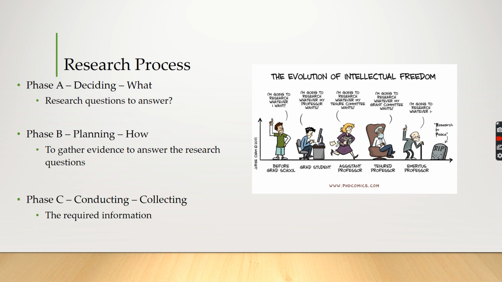Second, phase B is planning, how you want to gather the evidence to answer the research question. And finally, phase C is conducting or collecting your data, your required information, and then of course writing the report, writing your analysis, and the final steps of your research.